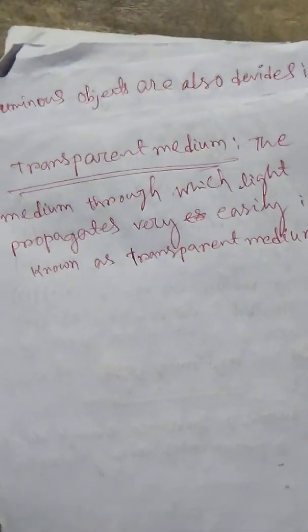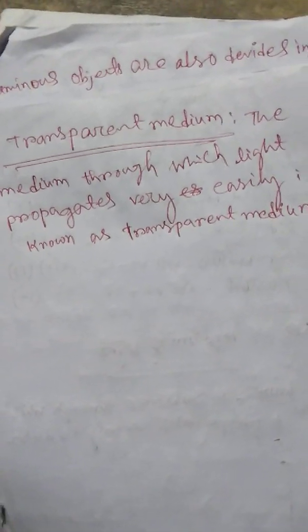So what is the transparent medium? The medium through which light propagates very easily is known as transparent medium.